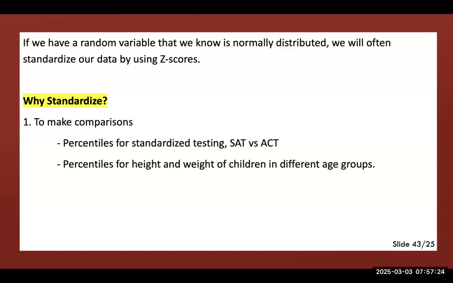And maybe one of your friends took the SAT and another friend took the ACT, and you want to compare how they did, like who performed better on their test. Another example is comparing percentiles for height and weight of children in different age groups. Different age groups have different means and different standard deviations for height and weight. And so you may want to see if they're on track in their height category or if they're on track in their weight category.